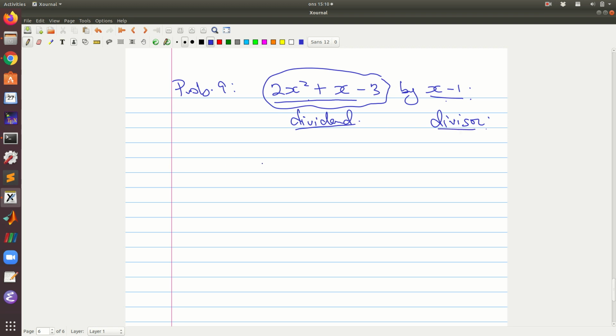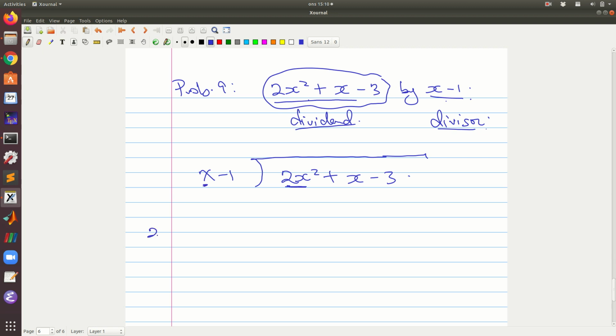So we can try out our old time process here. We put here our divisor, and then this is what we want to divide. As usual, the procedure is as follows. You divide this by that.